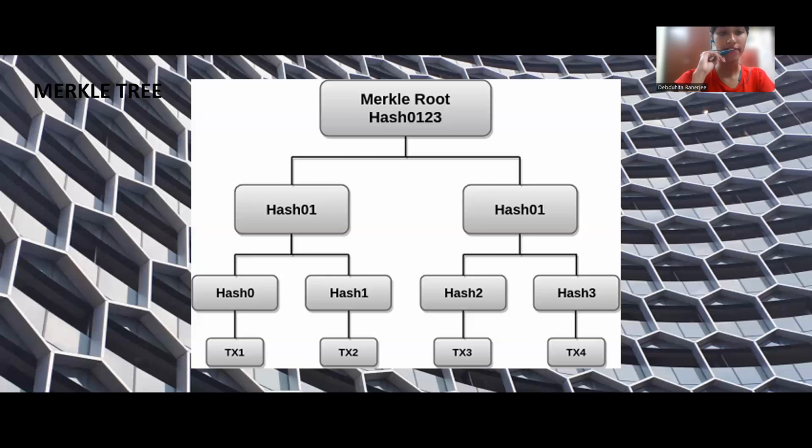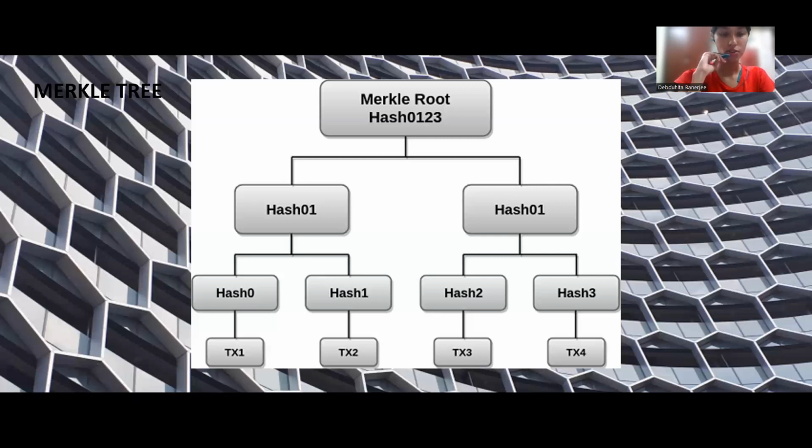Consecutive pairs of leaf nodes are then summarized in a parent node by hashing hash 0 and hash 1, which results in hash 01, and separately hashing hash 2 and hash 3, which correspondingly results in hash 23. Then the following two hashes, hash 01 and hash 23, are hashed again to produce the root node or the Merkle tree root.